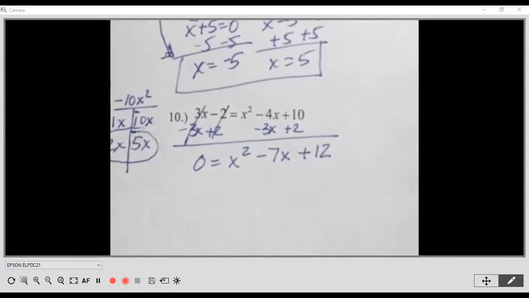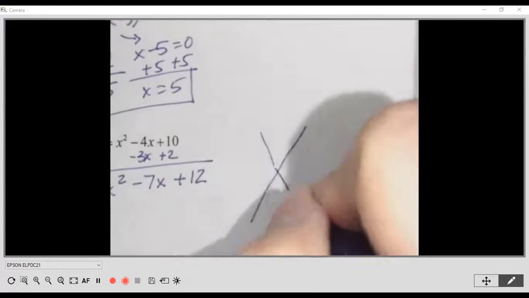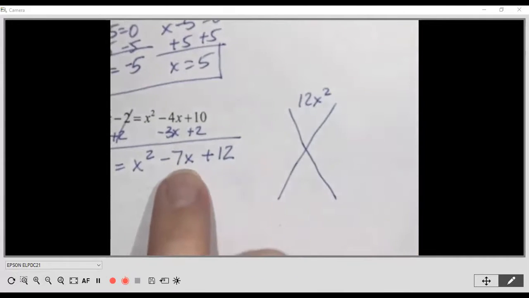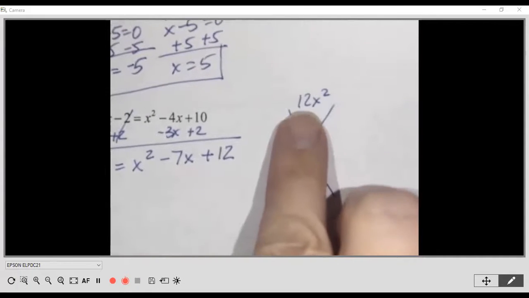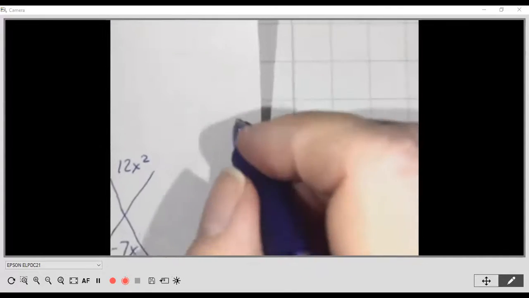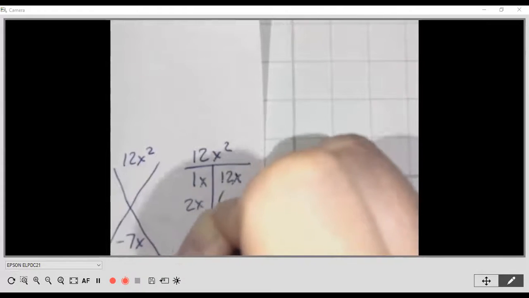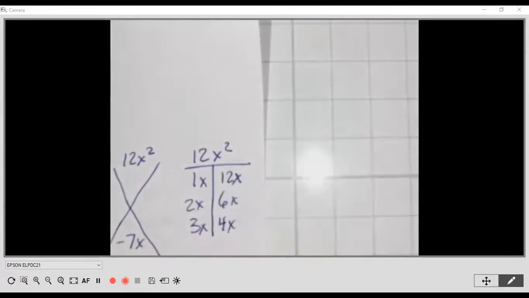A times c will give me 12x squared. My b term is negative 7x. So then I'll look at all the different possible factors of 12x squared. That'll be 1x and 12x, 2x and 6x, 3x and 4x.